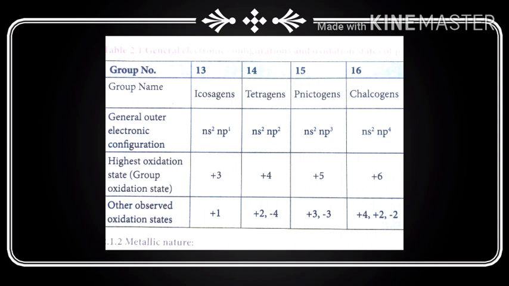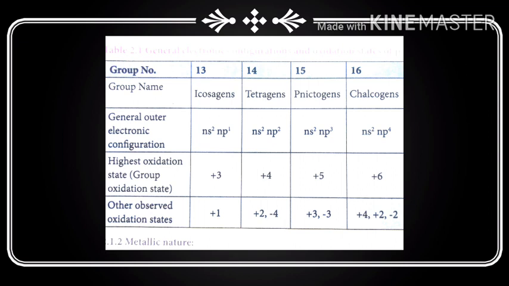So consider +3 as N, and the observed oxidation state can be calculated as N minus 2. Are you clear? If the highest oxidation state is N, for the 13th group the highest oxidation state is +3, so N is +3. So what is the other oxidation state? It is N minus 2. That is, you have to reduce 2, so it becomes +1.